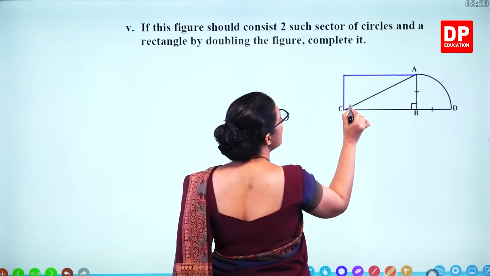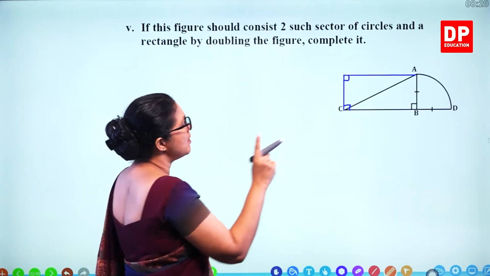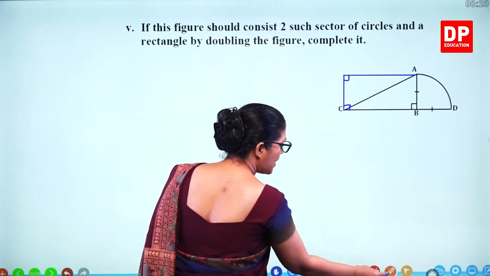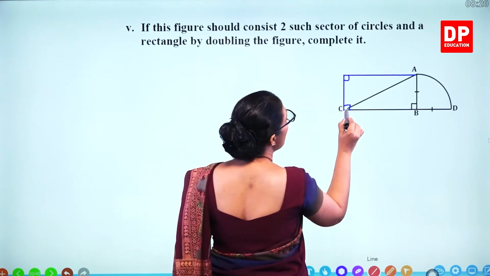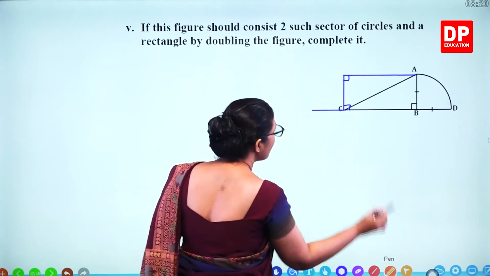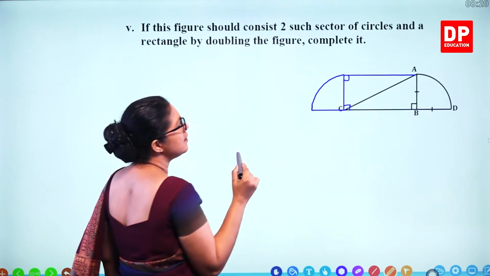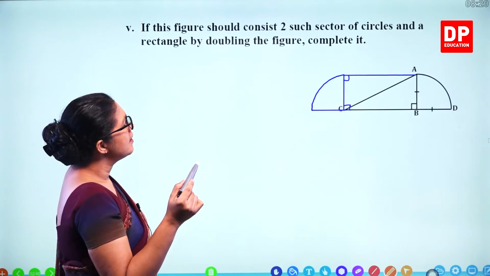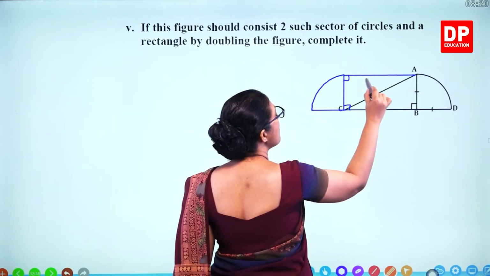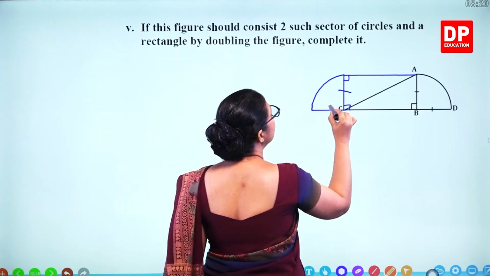So that's what they are explaining, like double of this and double of this. So we'll put the same piece here, this part to this side. This and this part. So you get something like this. So you get a rectangular part, that means double of these 2 triangles and double of this.